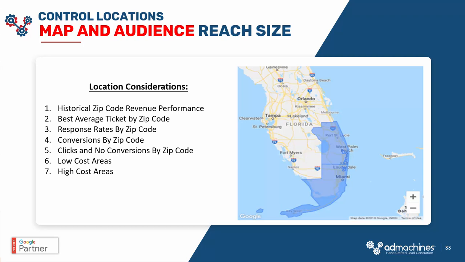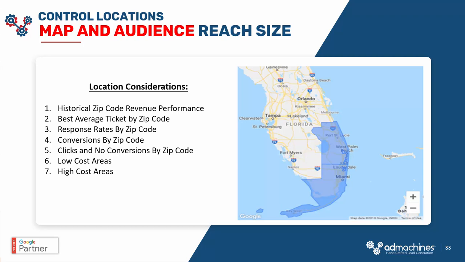When I bring on a new client, or if I have a client that's been with me for a year, I'm going to ask them to send me a historical zip code revenue performance report, and that might come out of a service management solution like ServiceTitan. You can get it out of QuickBooks. If you're in other service management solutions, you may have to run a custom report.